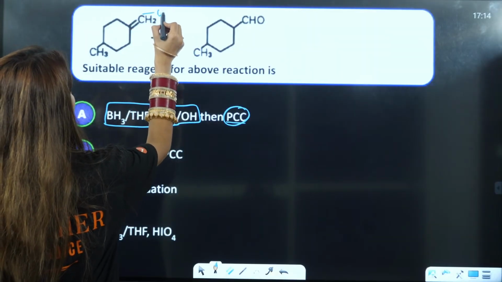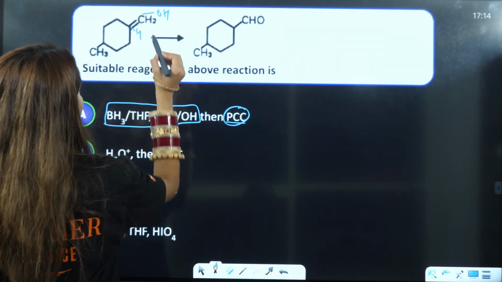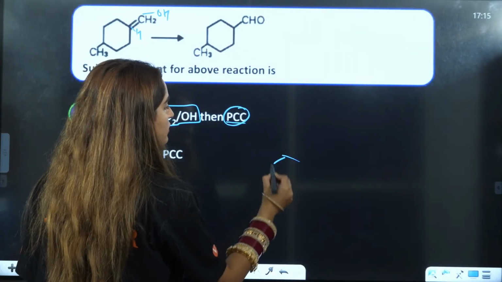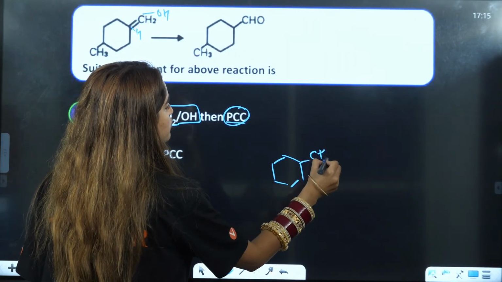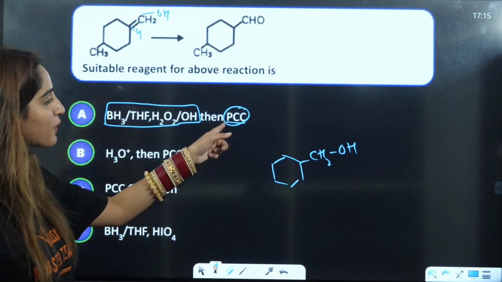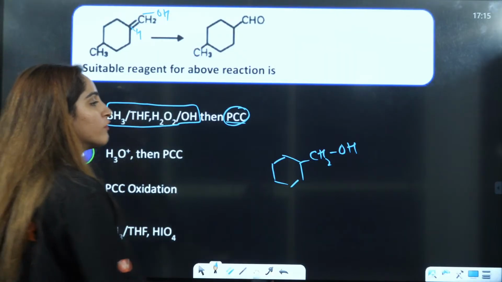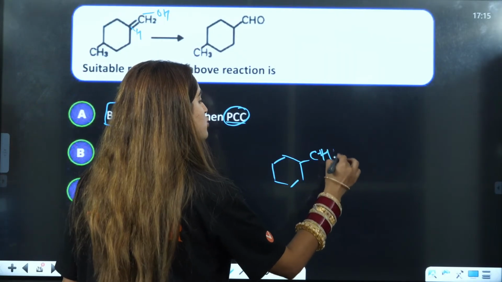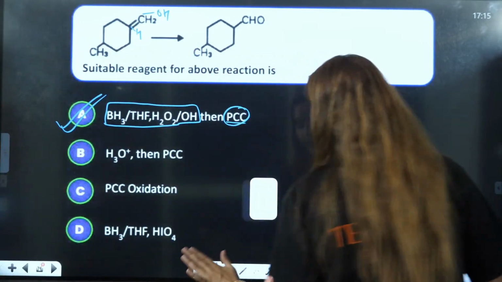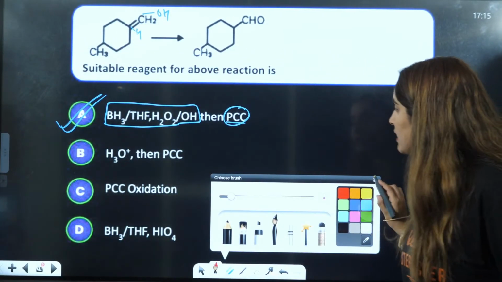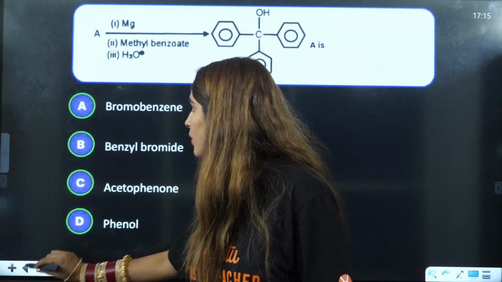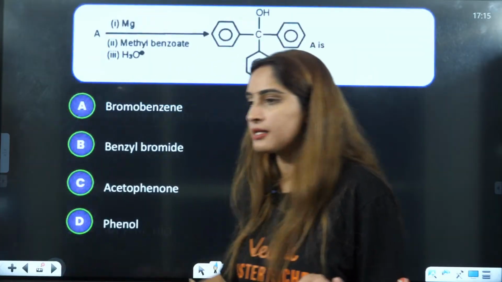Here you will have OH, and here you will have the attack of hydrogen. So this will be converted to, this is the ring, this is CH2OH. Now this is a primary alcohol. So that is why on mild oxidation, primary alcohol will be converted to CHO. So directly we can see the first is the correct answer. Firstly by hydroboration oxidation, then by adding mild oxidizing agent, we can easily convert it. So the answer will be A, the correct answer, right?